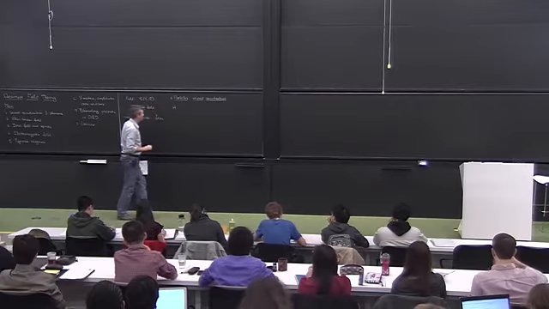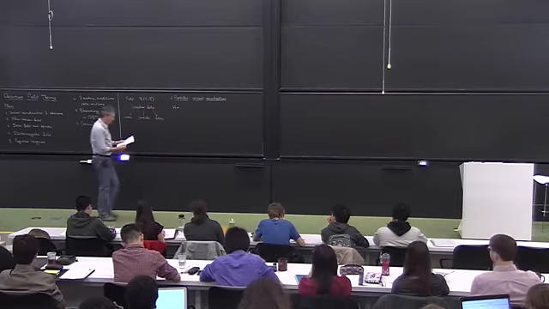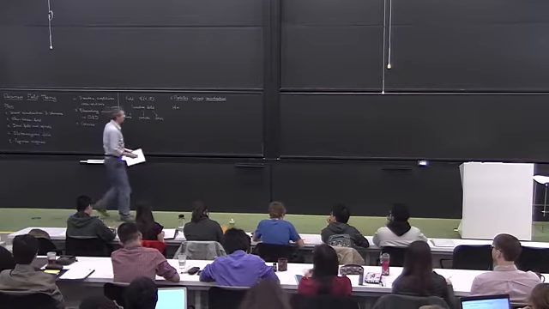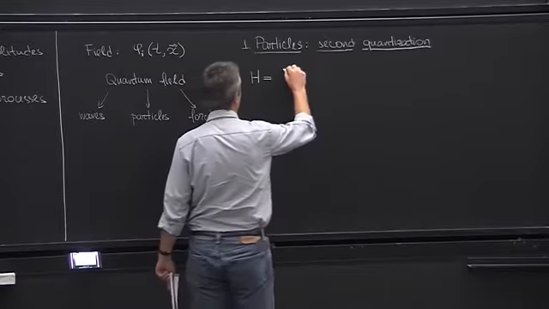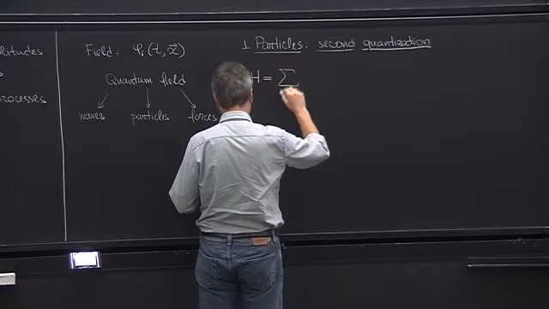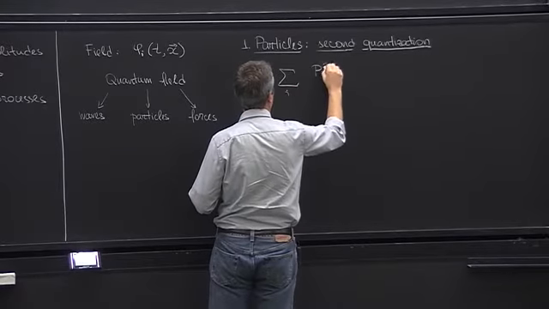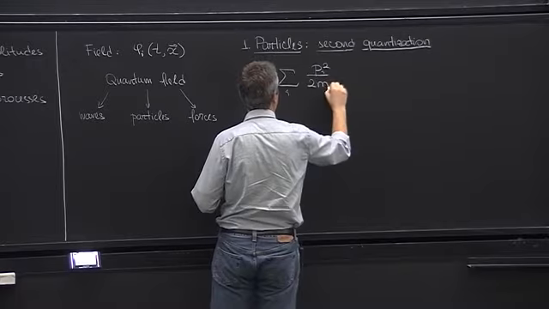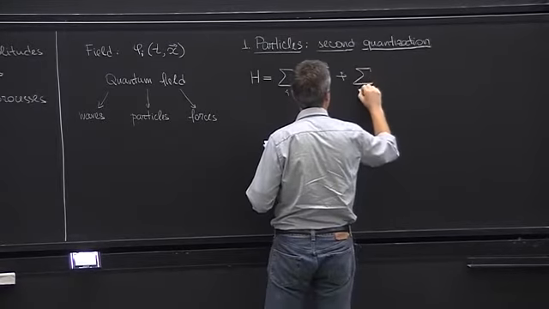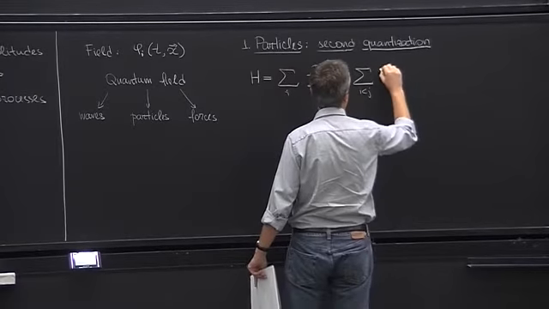We just need to write down the Hamiltonian. So let's consider a Hamiltonian that describes a collection of particles that interact pairwise. The Hamiltonian is the sum of kinetic energy plus potential energy, and the potential energy will take the form of a sum of pairwise interactions.